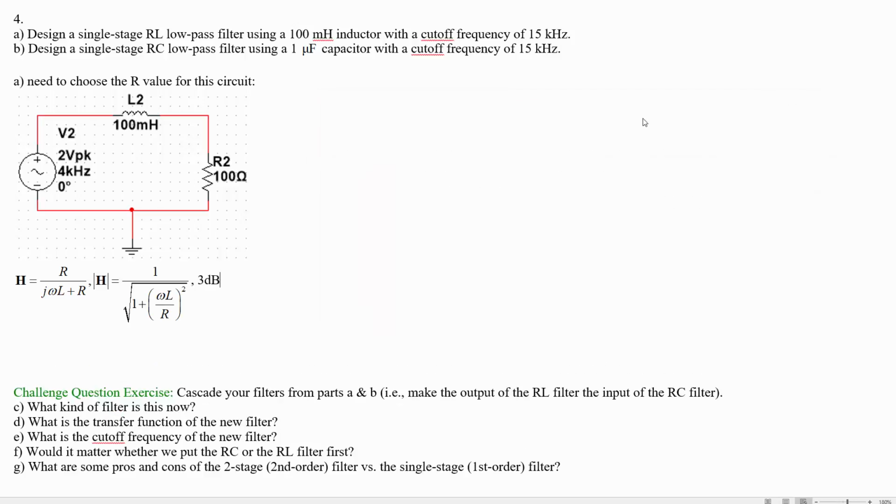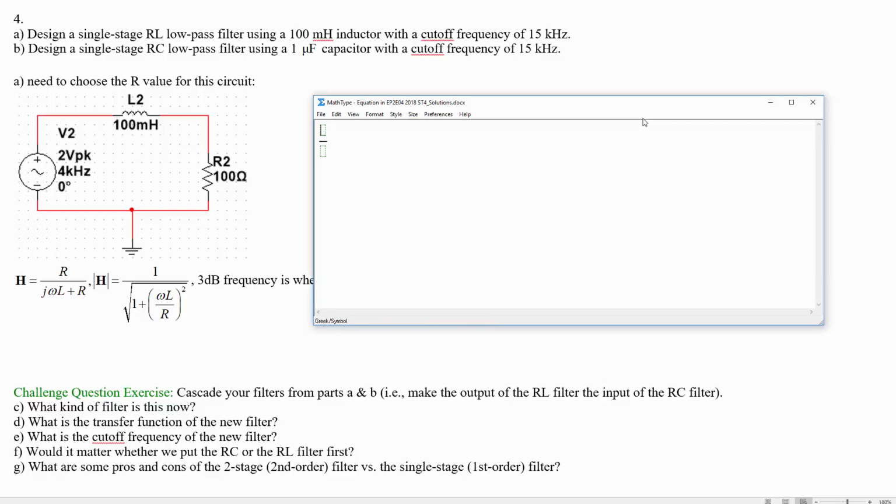The 3 dB frequency is when omega L over R equals plus or minus 1. We're only going to have one value of this for a positive omega, so this tells you that the minus 3 dB frequency should be equal to R over L.